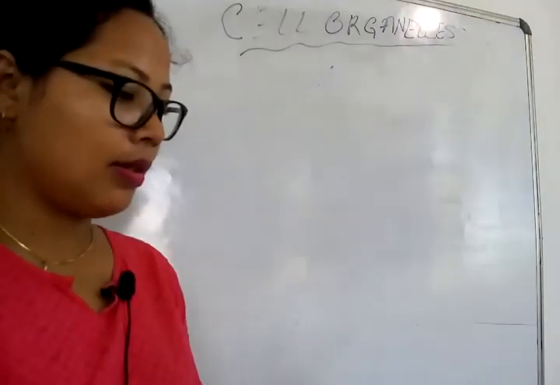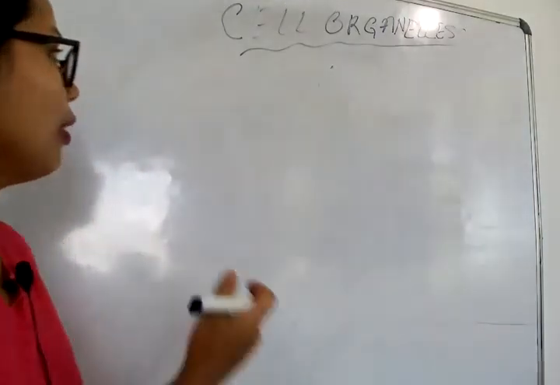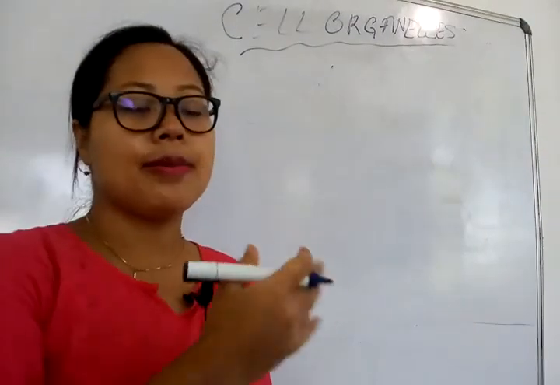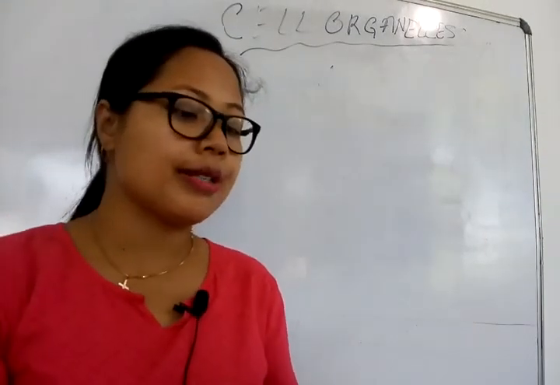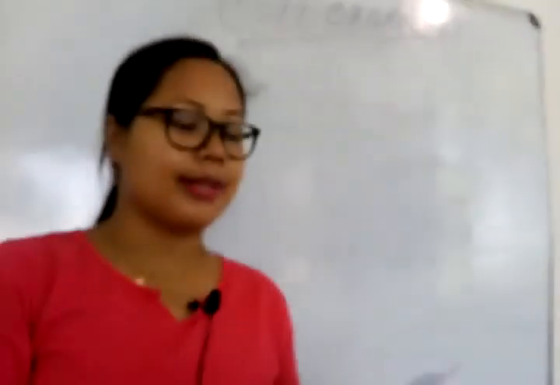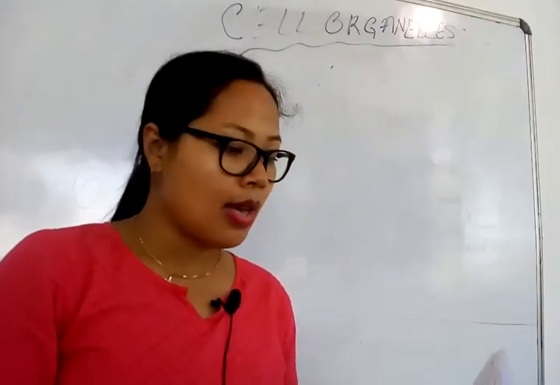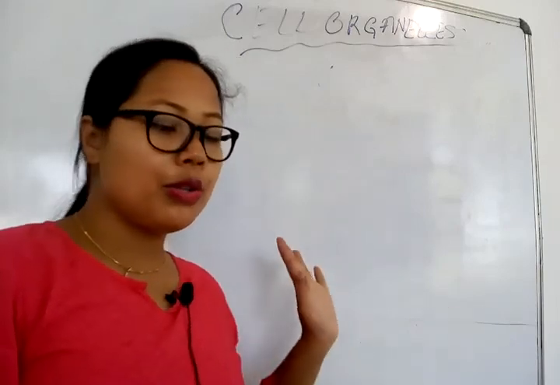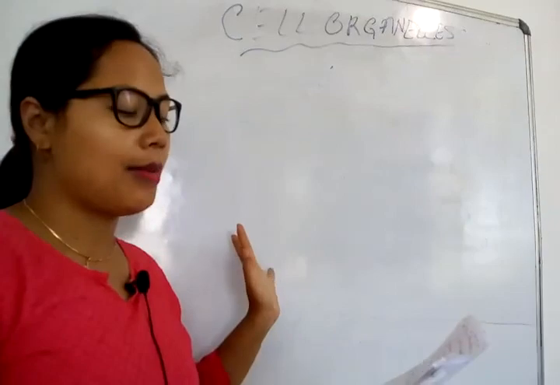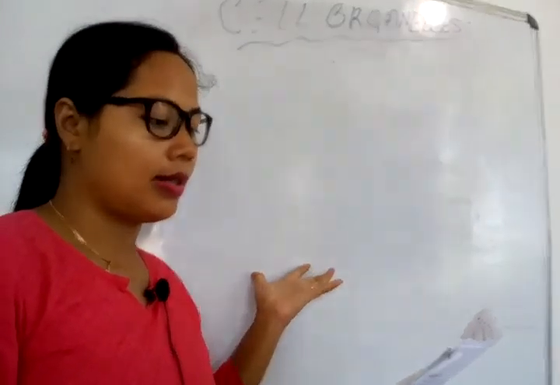So let's see. Such characteristics, whatever we have discussed, can be seen in eukaryotic cells, and this distinguishes them from prokaryotic cells. Now you must be thinking, why are we studying all these structures and organelles?